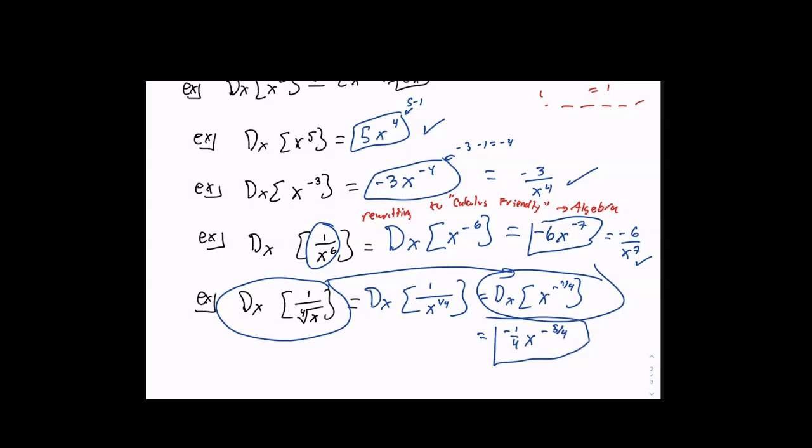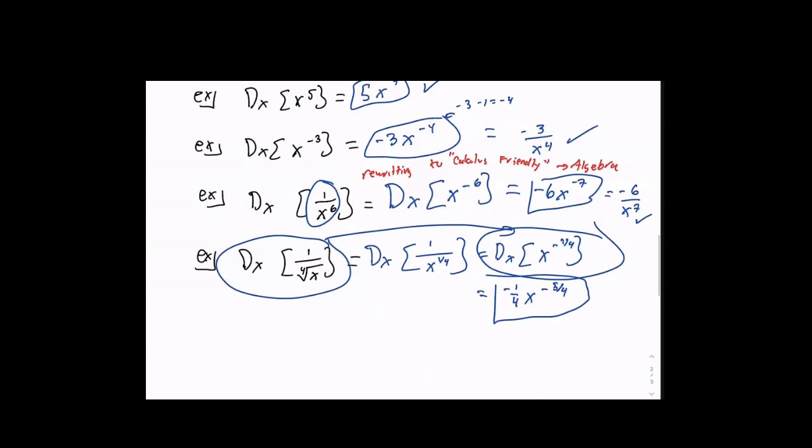Done. You should be able to subtract 1 from any number. If you're having a hard time subtracting 1 from negative 1/4, just take the denominator 4 and subtract it from the numerator negative 1: negative 1 minus 4 is negative 5. The denominator stays the same. It's just a quick algebra trick for subtracting 1 from any fraction. I would like you to leave the answer like that.